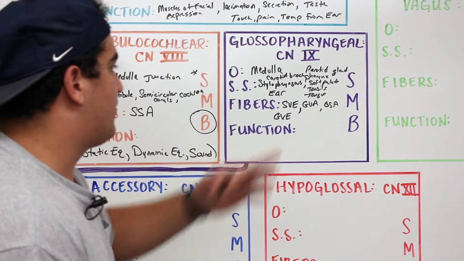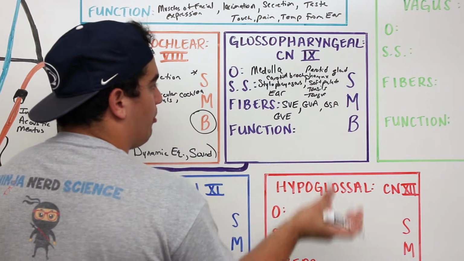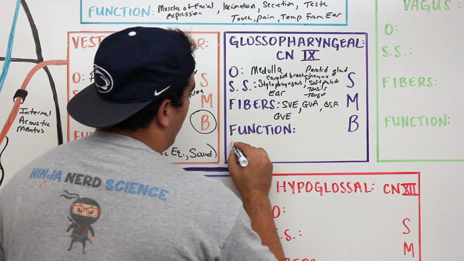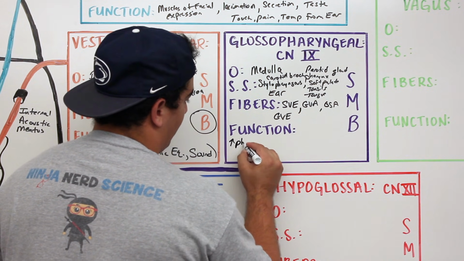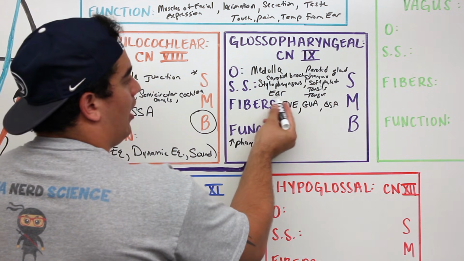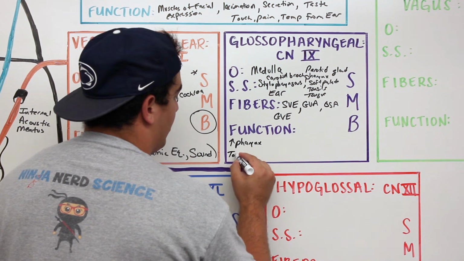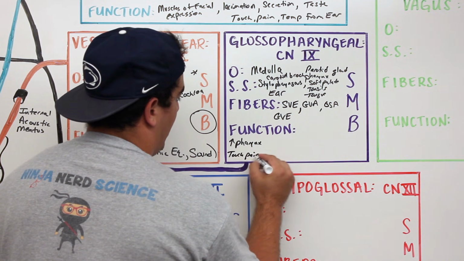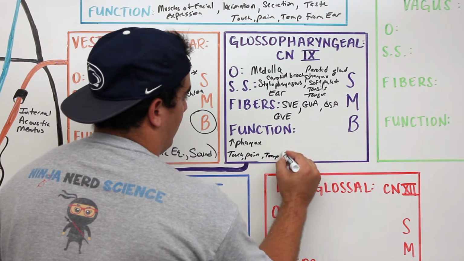So when you talk about his function, he does a heck of a lot. The stylopharyngeus can actually help to pull the pharynx upwards. So one is it can actually elevate pharynx. I'm going to put elevate pharynx, represented with the up arrow. It also is going to pick up touch, pain, temperature for the ear. Okay, so I'm going to put touch, pain, temp for ear.